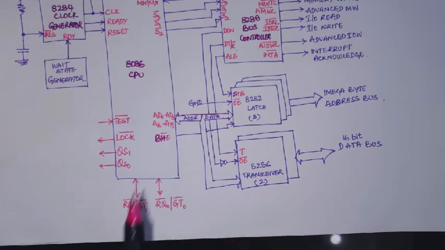The same purpose is done by request or grant, but in this case it is not the DMA controller which requests the bus, it is the coprocessor which requests the bus. I said 8086 in maximum mode has a multiprocessor configuration. You cannot connect just any processor along with 8086.